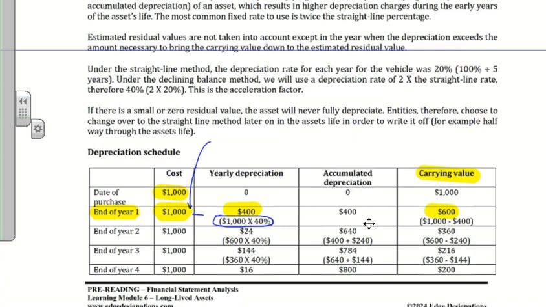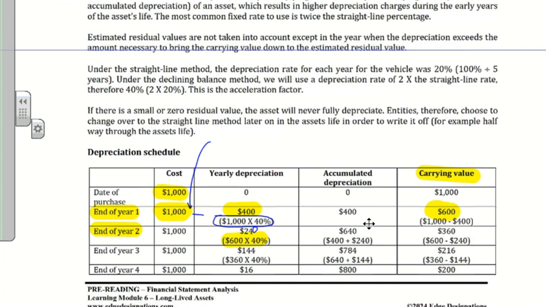When I come in year 2 to calculate my depreciation charge, I base it on the 40%, but I base it on the carrying value of $600, giving me an amount of $240. Then I ask myself, what's its value at the end of the year? And we keep doing that time and time again.